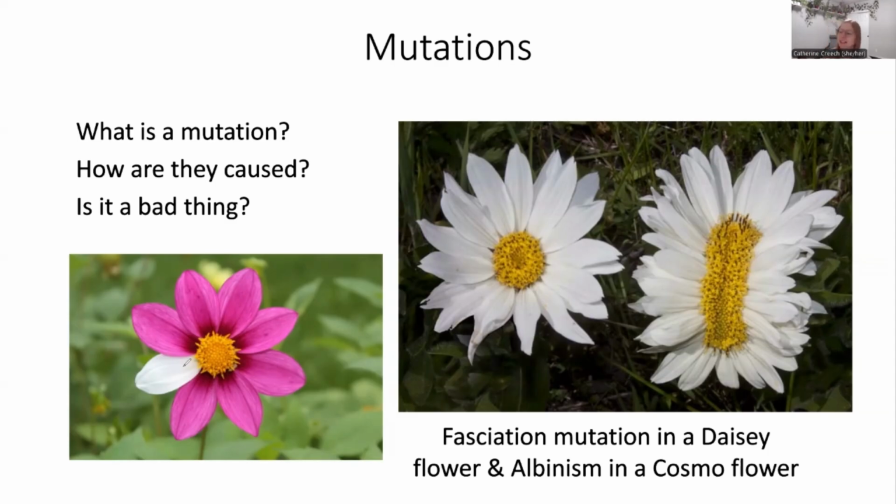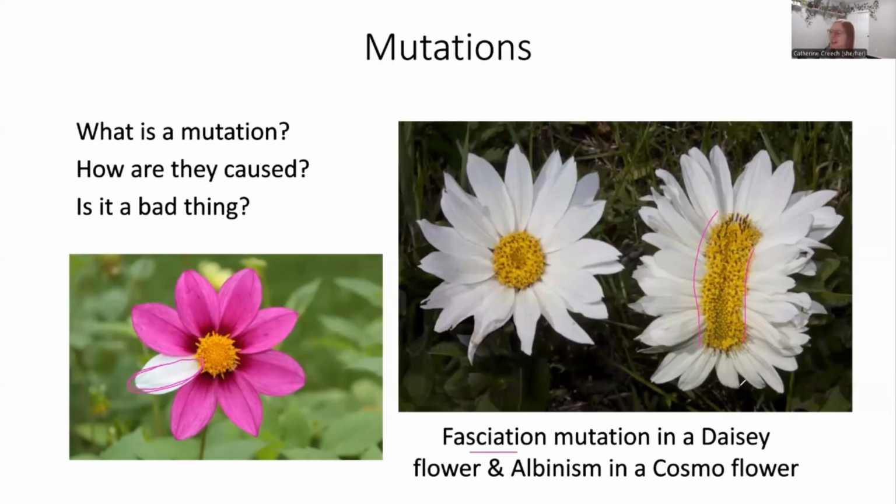This one is a little bit of albinism in your cute daisy here. Or sorry, this is a cosmo. The other ones are daisies. And so this one petal is not producing pigment, caused by an albinism mutation. And then here we have one of my favorite mutations. This is called fasciation. Fasciation causes inflorescences, and sometimes fruit created from a flower, which we call an inflorescence, to elongate.